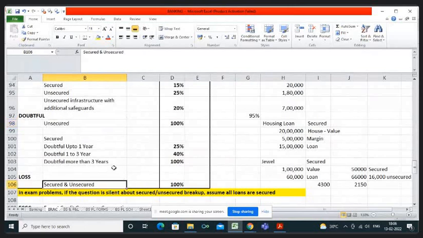If you have any doubts or questions, we can discuss now. Are there any questions or doubts? I will circulate this Excel sheet today, so you will get it.